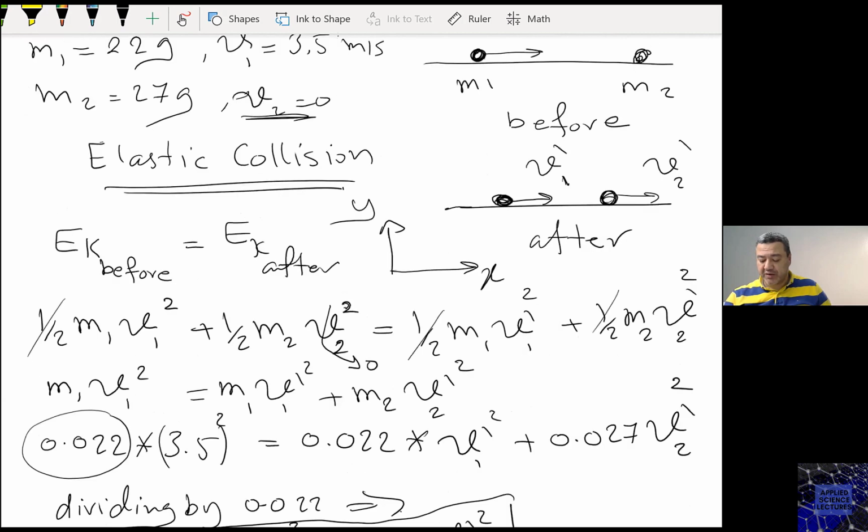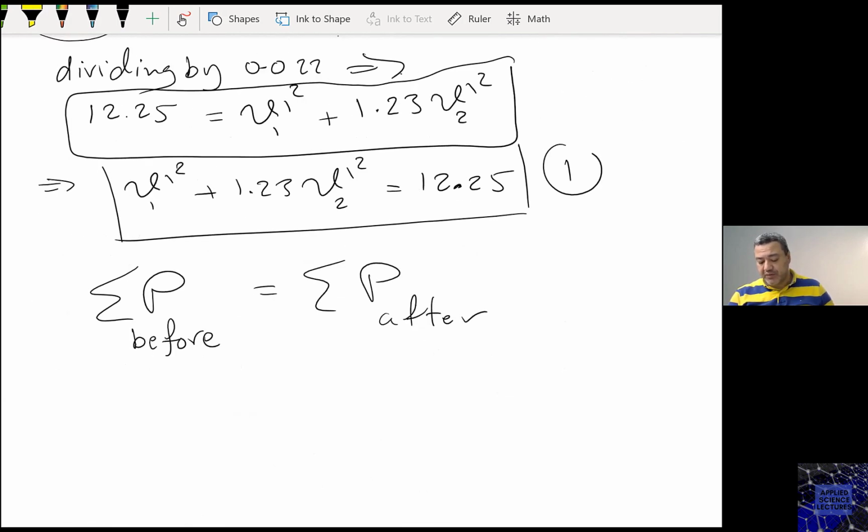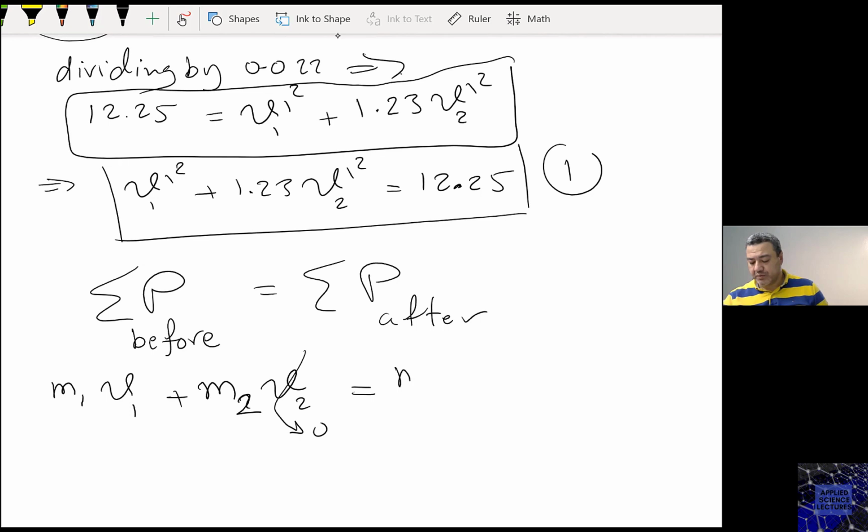So I can now write my momentum equation as M1 V1 plus M2 V2, this is 0, equals M1 V1 prime plus M2 V2 prime.